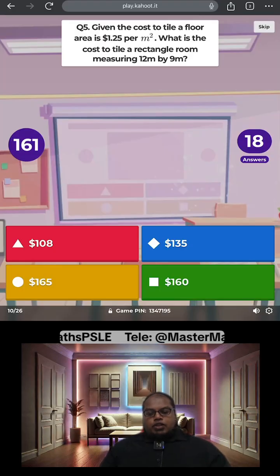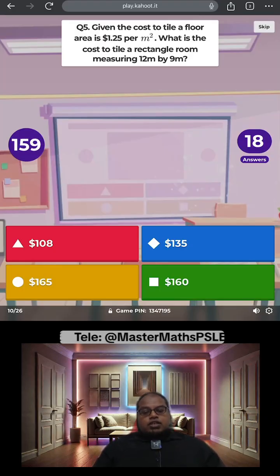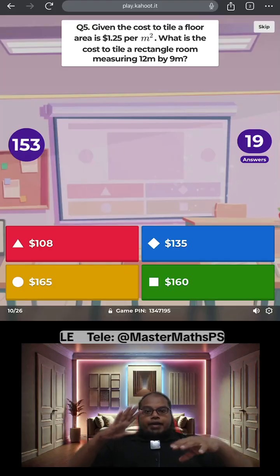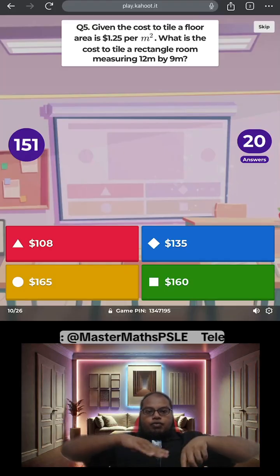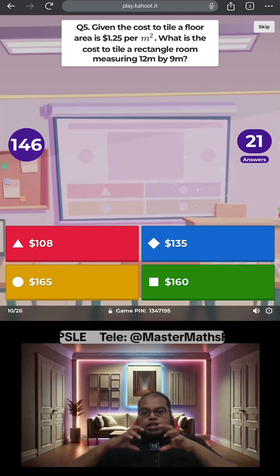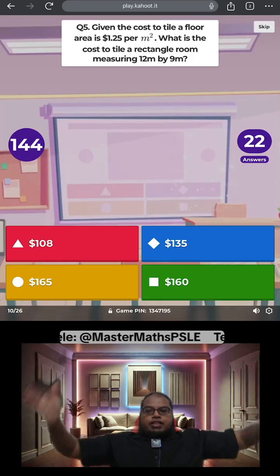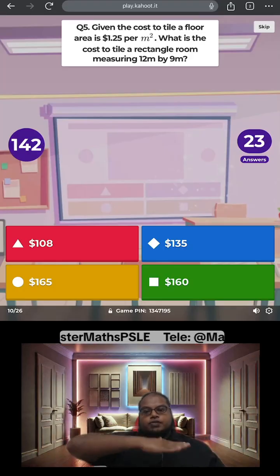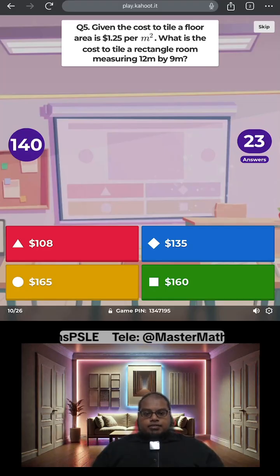So now we need to find the cost. You can imagine per meter square is like a tile of 1 meter by 1 meter. So how many of these tiles do we need to fill a rectangle room of 12 meter by 9 meter?